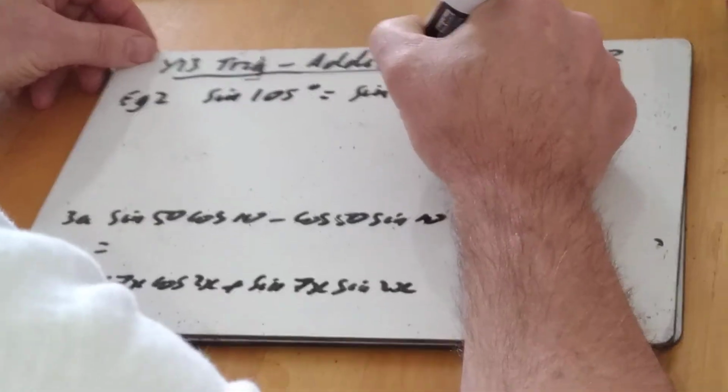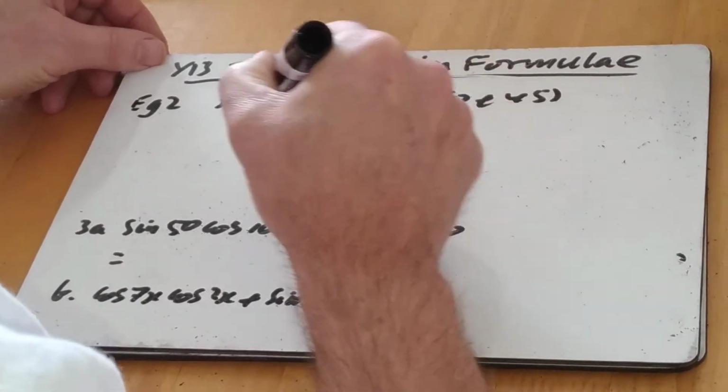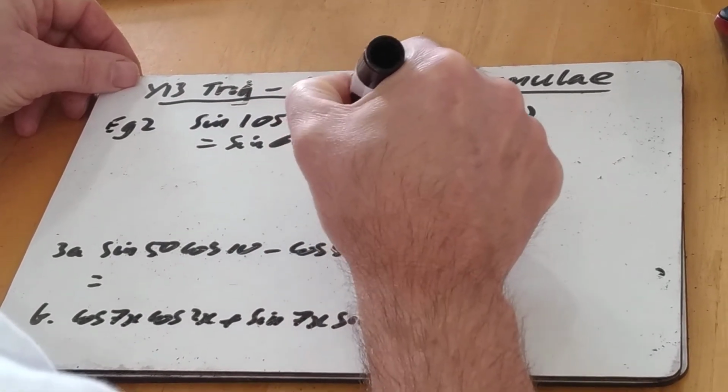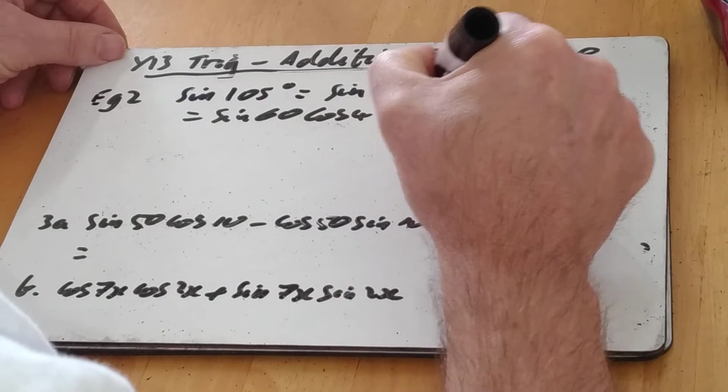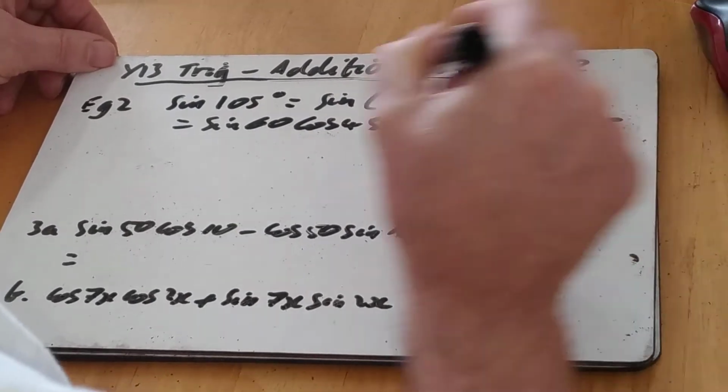So I'm going to treat it as sine of 60 plus 45. I split it up: sine 60 cos 45 plus cos 60 sine 45.